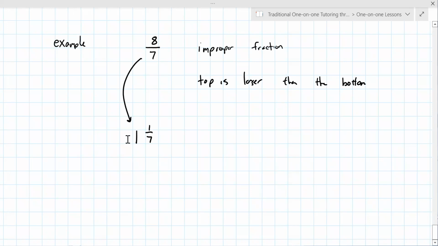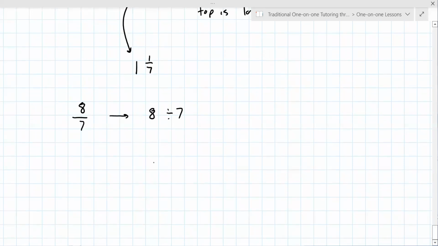Okay, so let's do it a different way. 8/7 is really 8 divided by 7, which means that 7 goes on the outside, 8 goes on the inside. How many times does 7 go into 8? One time.